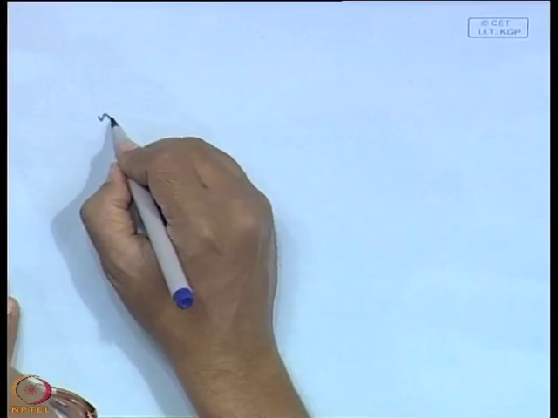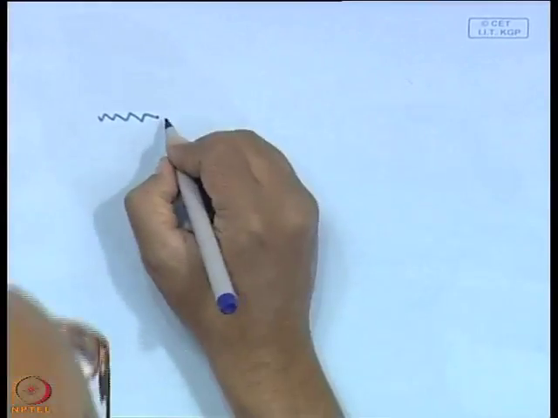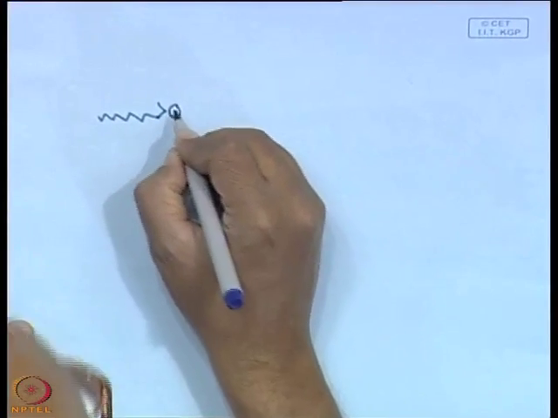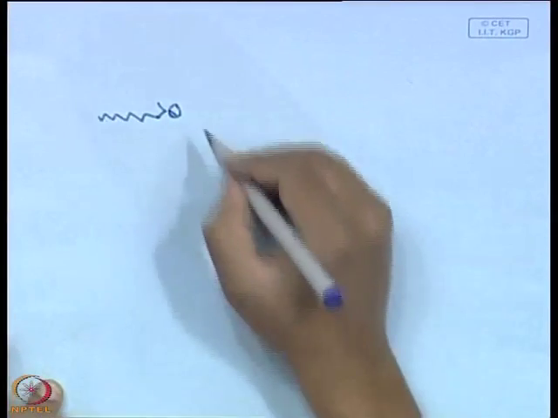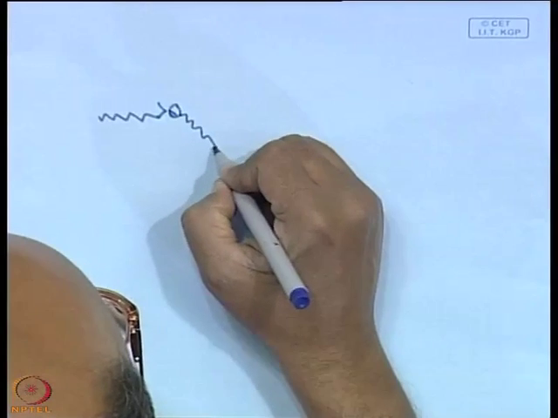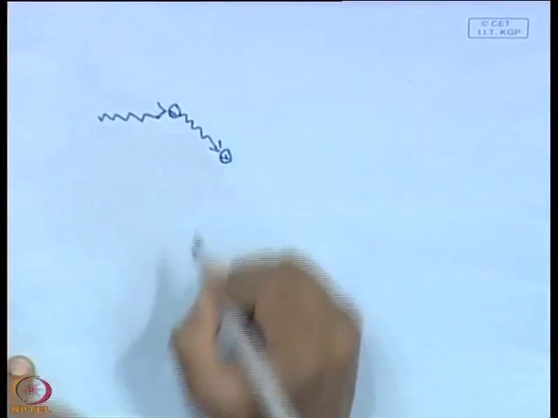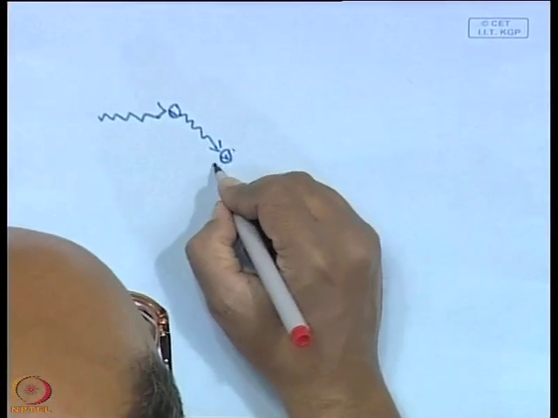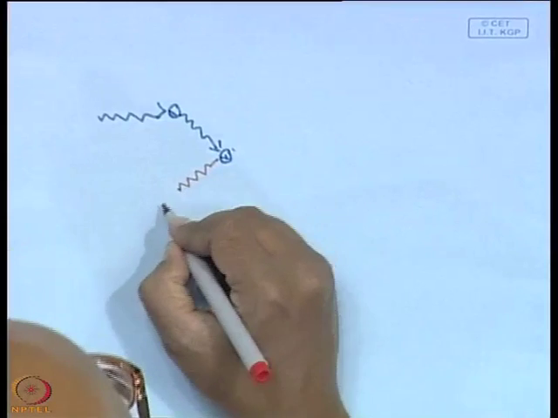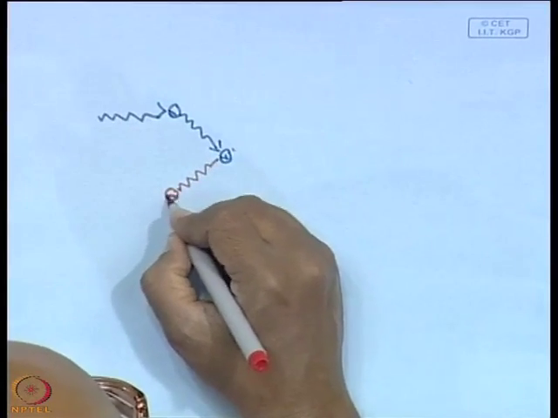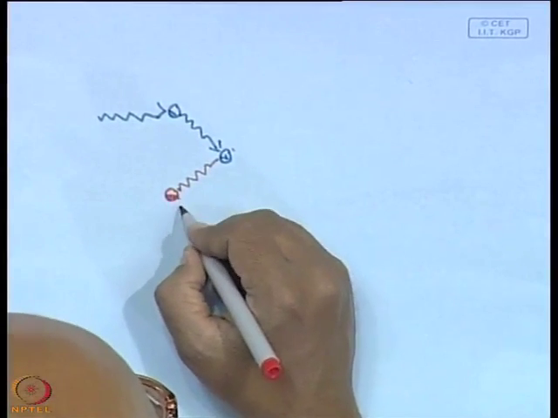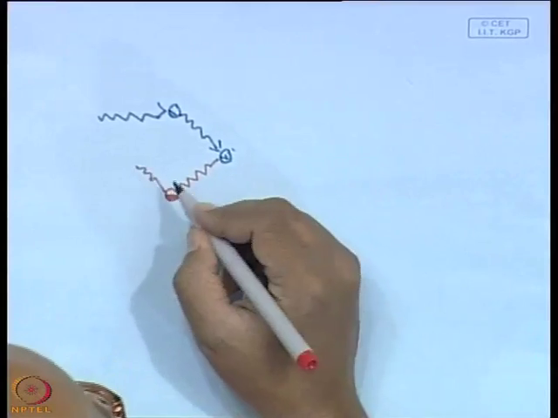It gets scattered over here, and after the scattering it goes in some random direction, and then again it gets scattered over here and goes in some random direction, let us say like this, and again it gets scattered over here and goes in some random direction, could be here, okay.